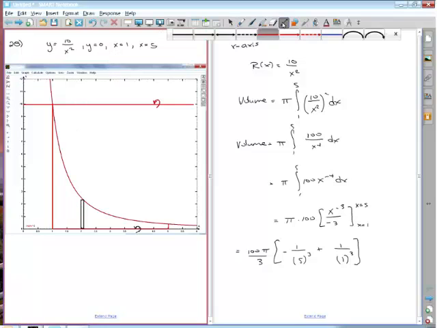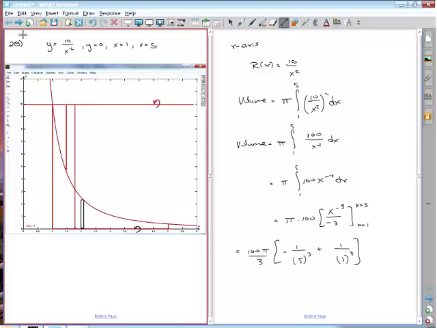Let's go ahead and draw in some arrows here. So what we have is small r of x, which is the inside radius, and large R of x, which is the outside radius, which is constant throughout. It's going to be 10.